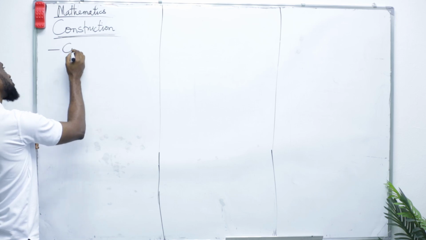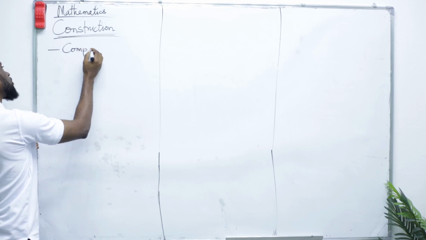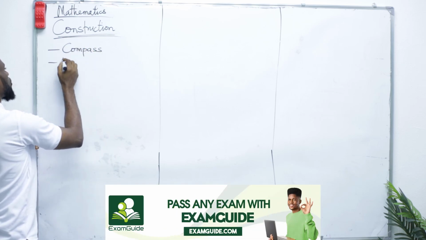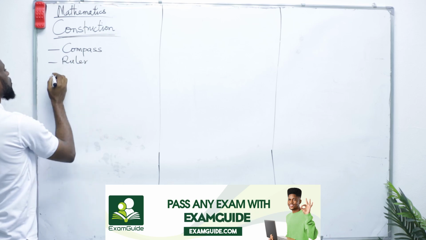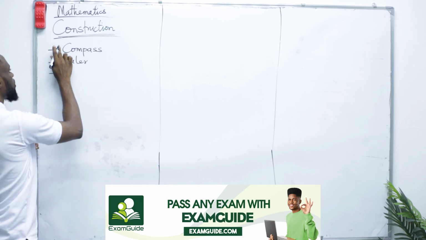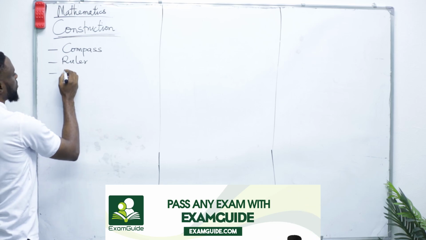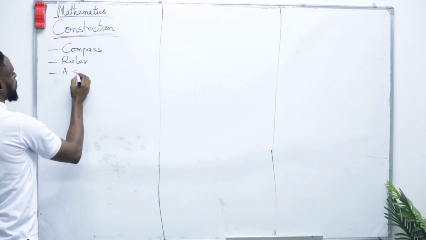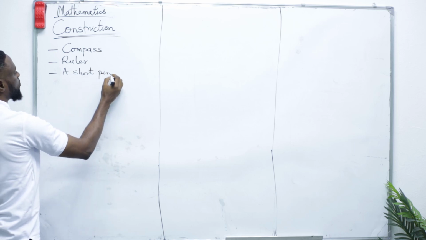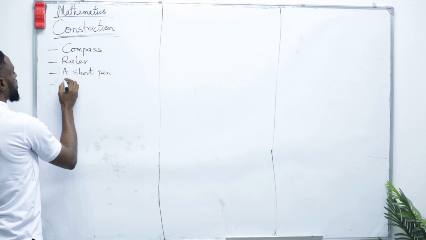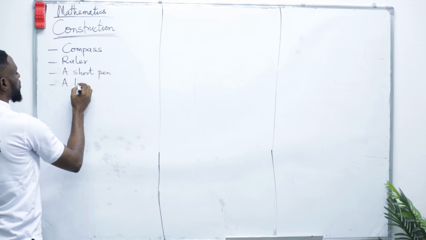In construction we need mainly a compass. We need a compass. We need a ruler. We need a short pencil. We also need a longer pencil.